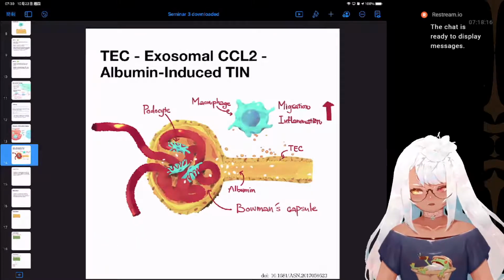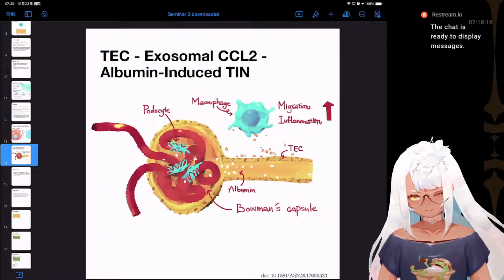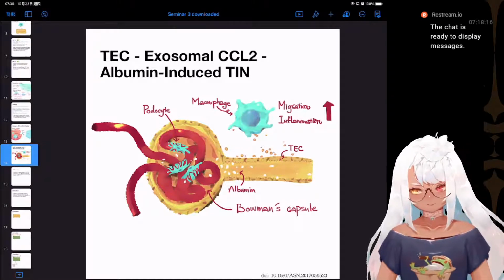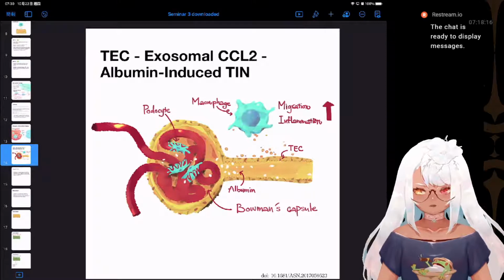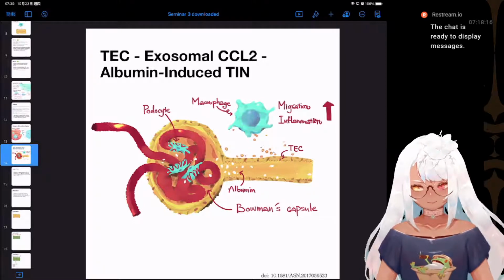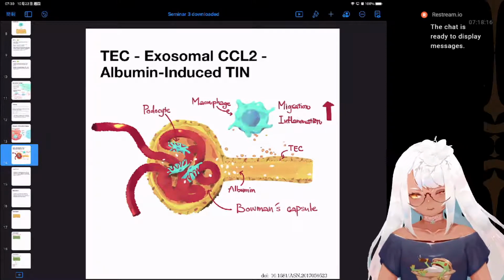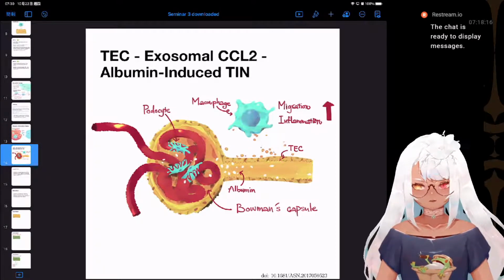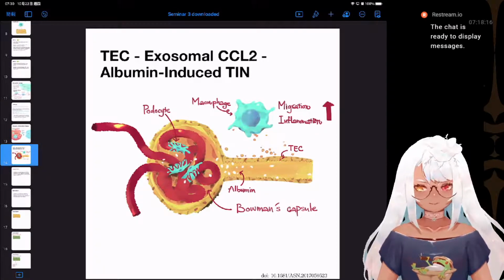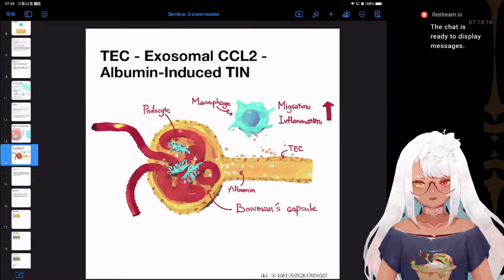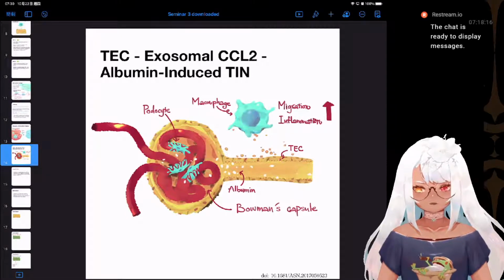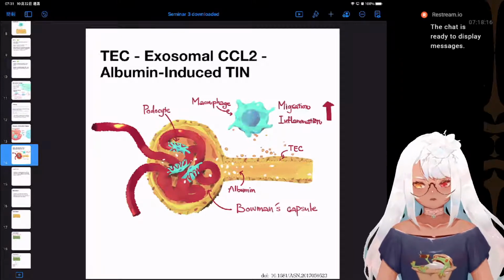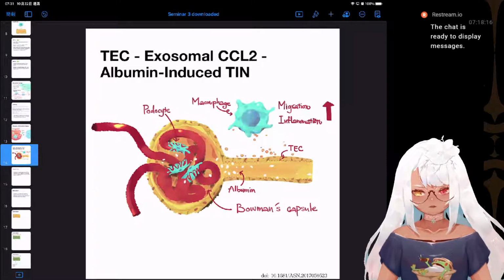For example, in a previous report of the same author, they demonstrated that when TEC is overloaded with albumin, it will respond by releasing exosomal CCL2, which will be received by the macrophage, recruit them to the damage site and induce TIN.